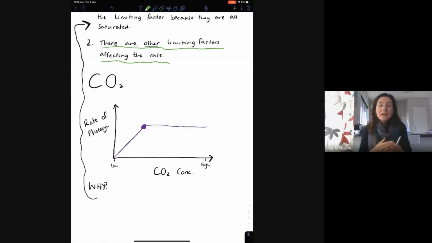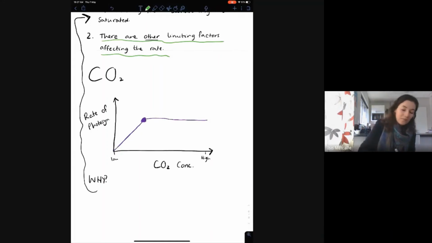But if you don't water those plants, or if they're in a dark room and you don't provide any light in that greenhouse, they're not going to be able to photosynthesize. So there are other factors playing into this graph, which is why it's a little bit more complex. So this term limiting factors is really important.